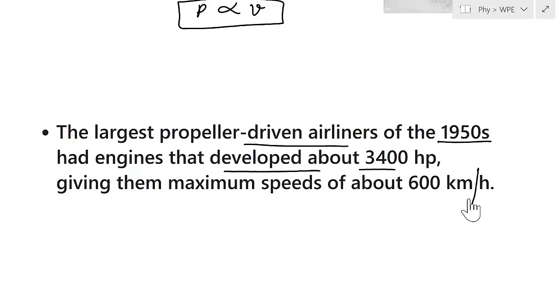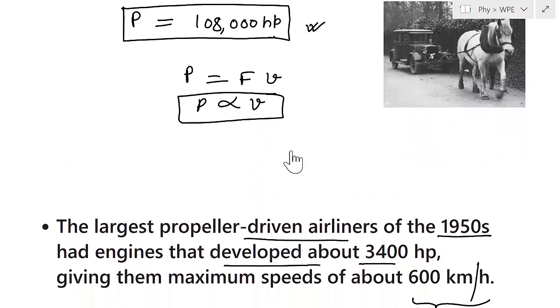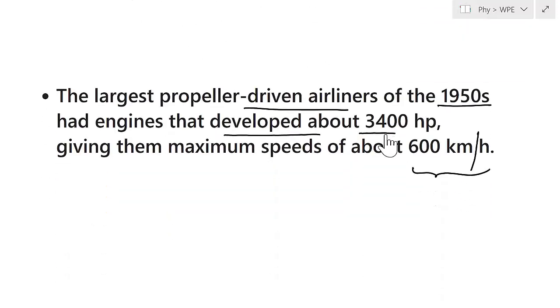So this is a fact, that the older airplanes generally used to have a speed of 600 km per hour, and the power developed in those cases is around 3,400 horsepower. Compared to this problem, in this case the power is around 108 kilo horsepower. In the older case this is very less, that is around 3.4 kilo horsepower.